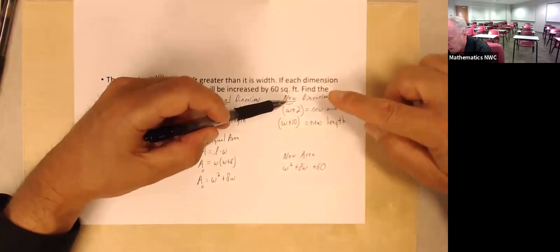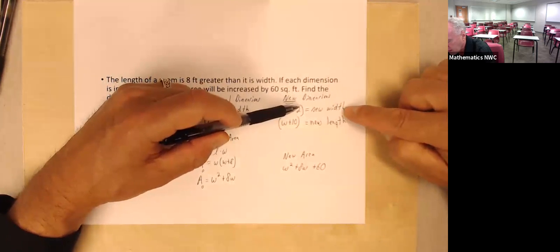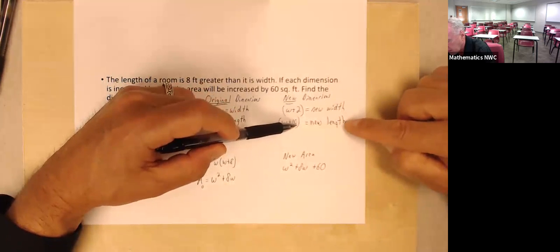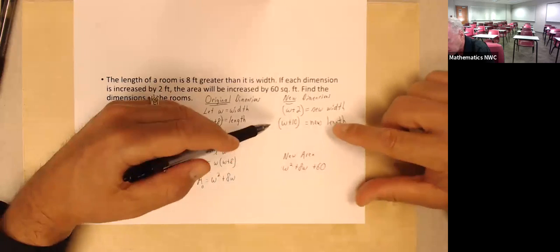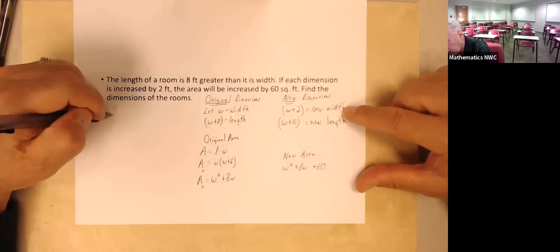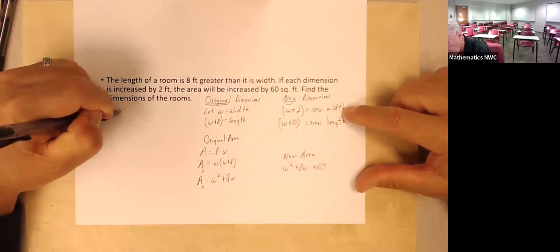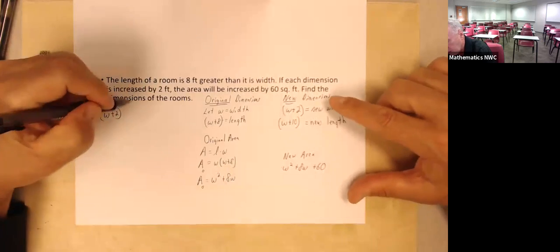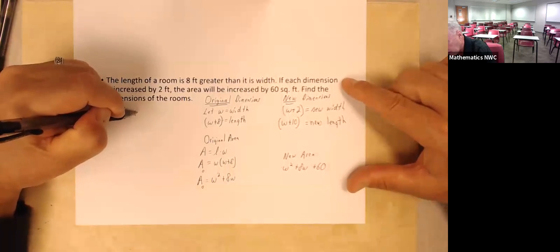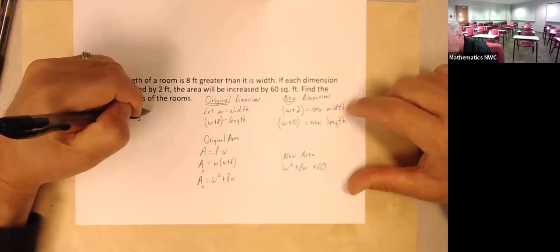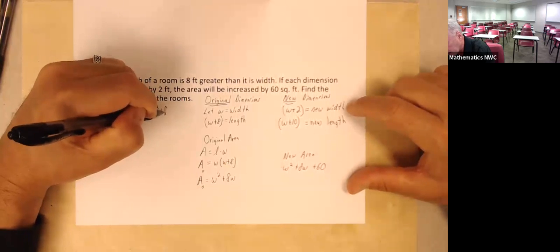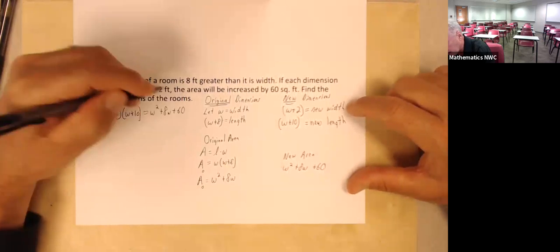That means now if I take the new width times the new length, I get the new area. So let's do that. The new width, W plus 2, times the new length, W plus 10, must equal the new area, which is W squared plus 8W plus 60.